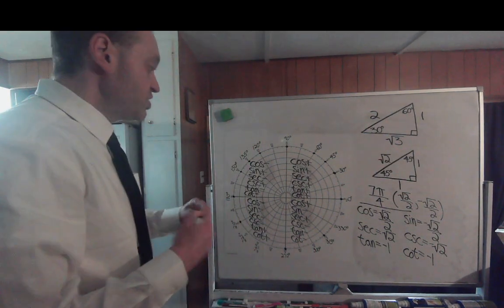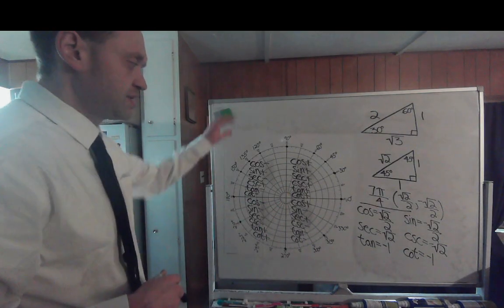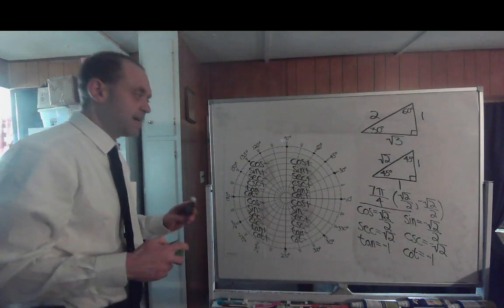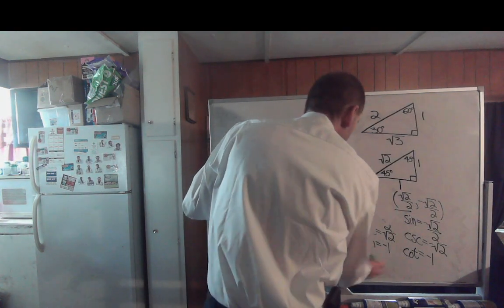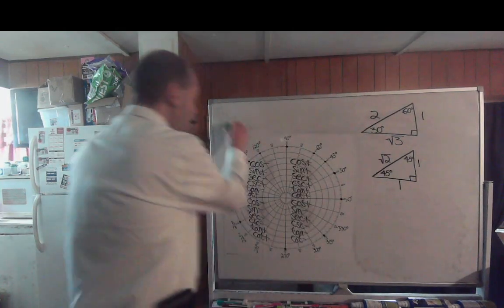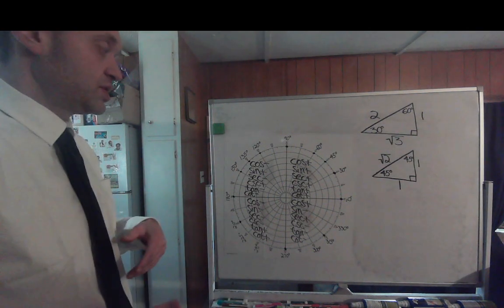So your tangent and cotangent are only positive in the first and third quadrants, and they're negative in the second and fourth. Kind of weird how that works diagonally, but that's how it works. So there's even a stronger point to this. Now, we can talk about even and odd functions also.